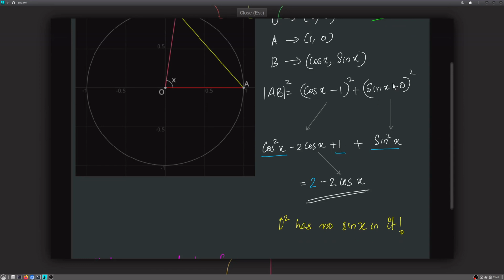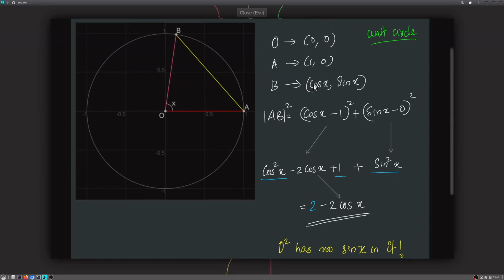And if you expand this, there's nothing to expand, it's just sin square x. And this cos square x and sin square x add up to 1, which gets added with this 1 sitting here, and we get 2. And this minus 2 cos x just comes out as it is. So we get 2 minus 2 cos x.